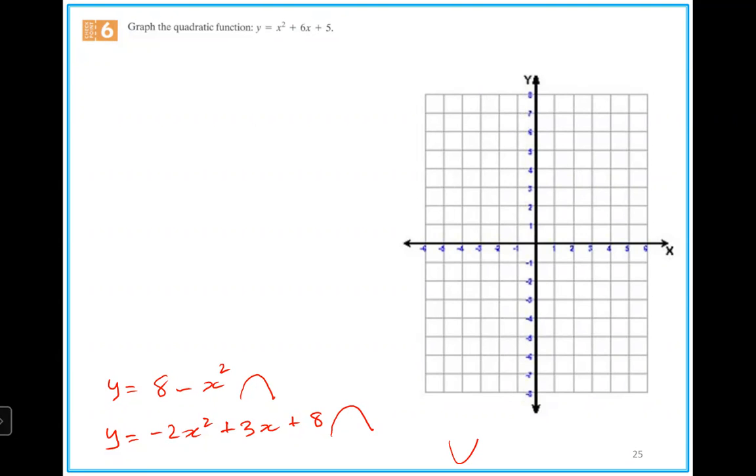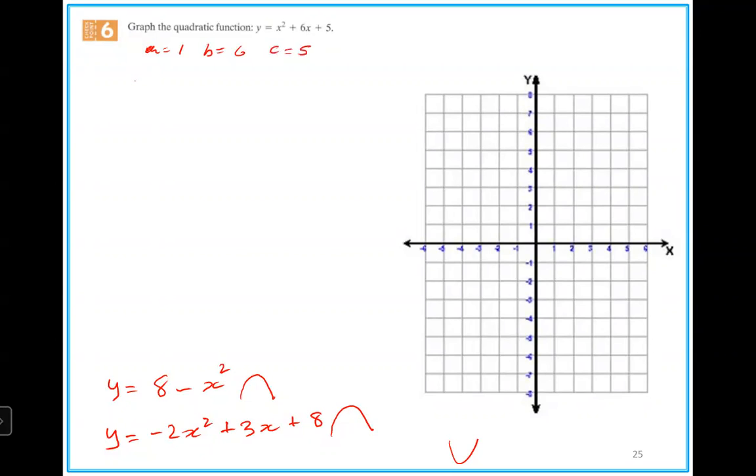Okay, so minus b over 2a. In this case, we know that a is equal to 1, b is equal to 6, and c is equal to 5.